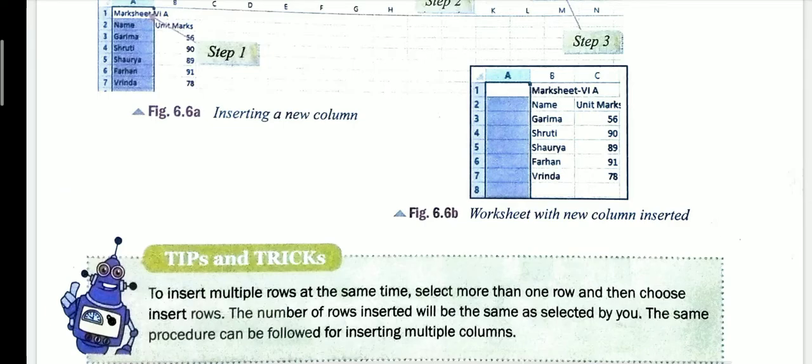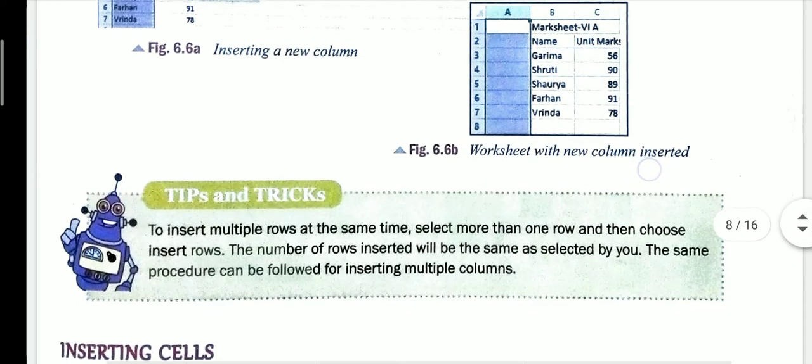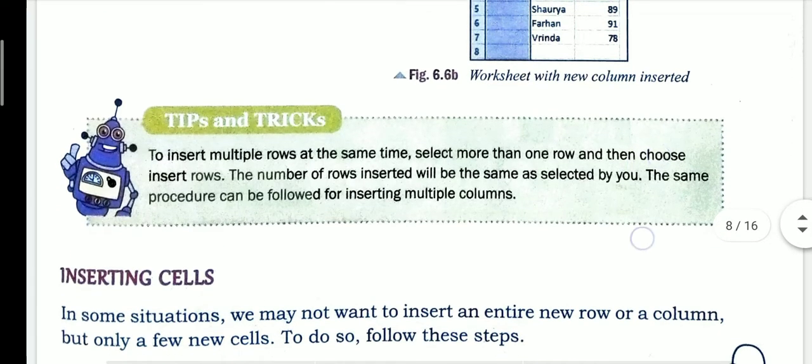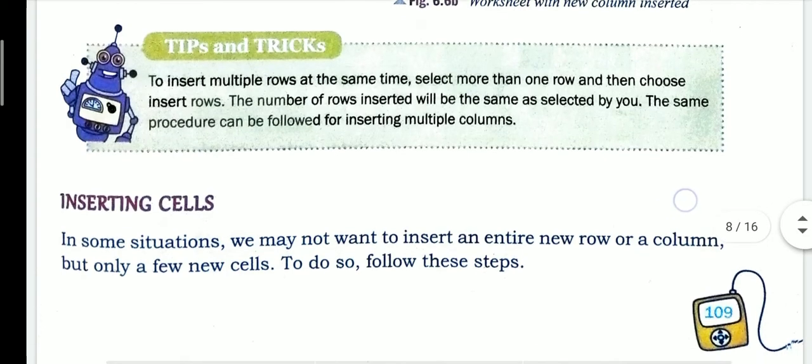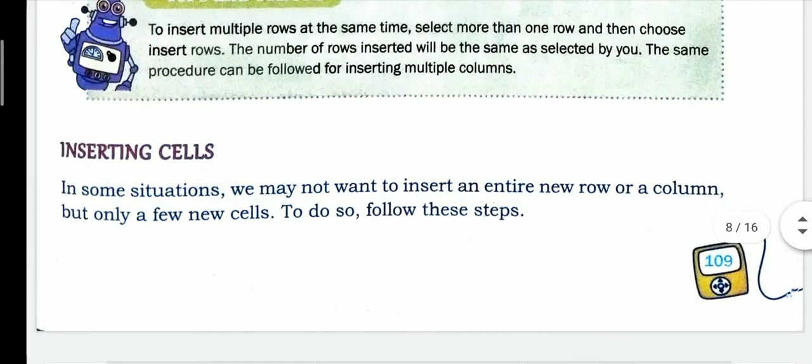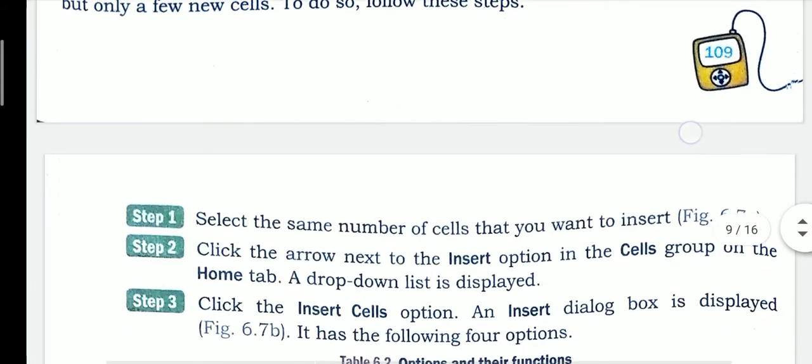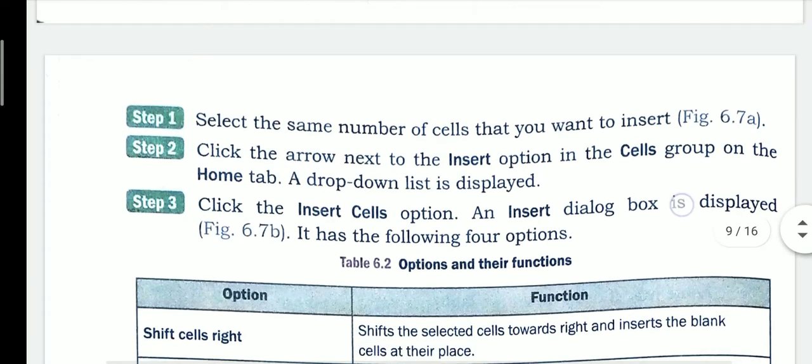Sometimes we need to insert a few new cells, not a complete row or complete column. In that case, we have to follow some steps like step 1, step 2, step 3.